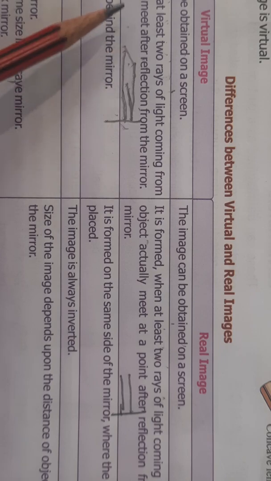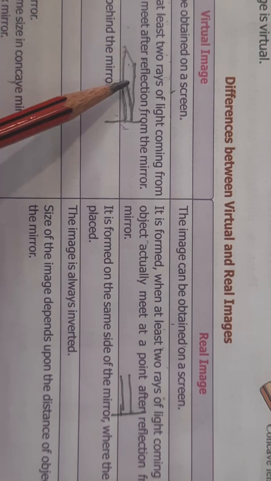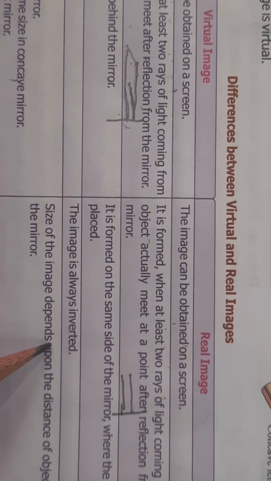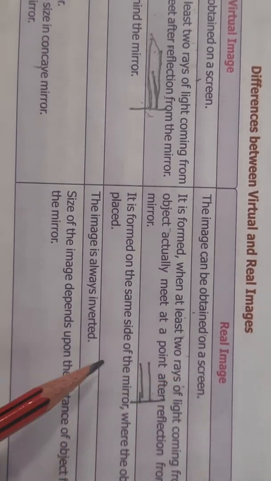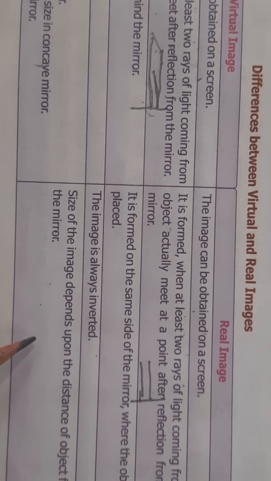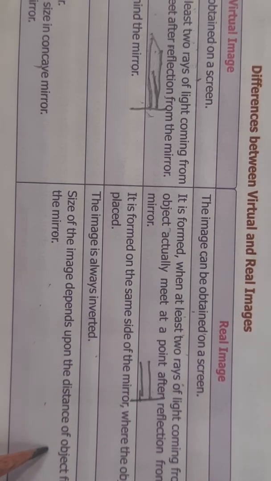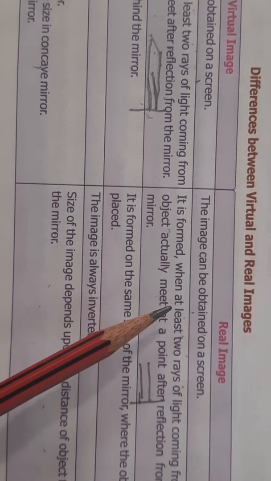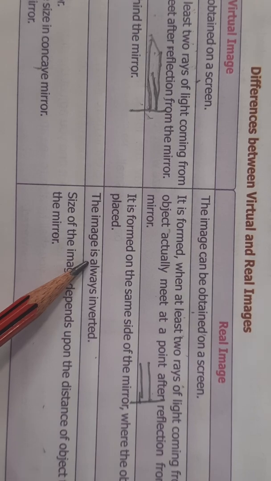Here in virtual image it was appearing as if they are meeting. Actually they do not meet, but here they actually meet. The image is always inverted. Real image will always be inverted, that is, upside down. And the size of the image depends upon the distance of the object. How far it is kept, it depends on the distance, whether the image is smaller or whether it is bigger in size.